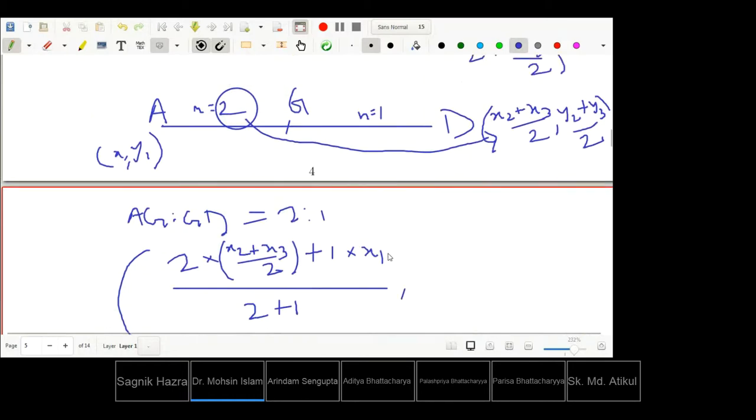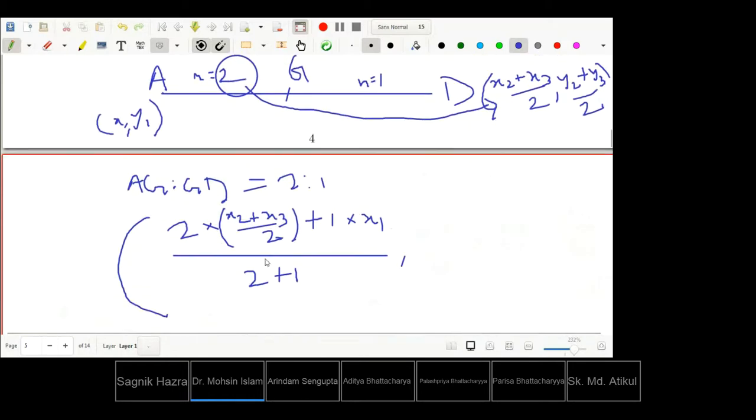This is the calculation for the x coordinate. Similar calculation for the y coordinate also. So 2 into y2 plus y3 by 2 plus 1 into y1, by 2 plus 1, because in the denominator you have m plus n.